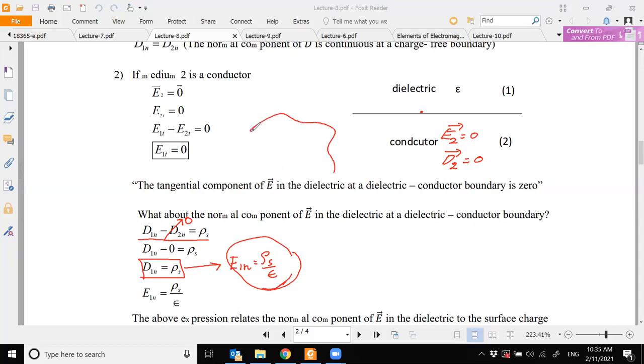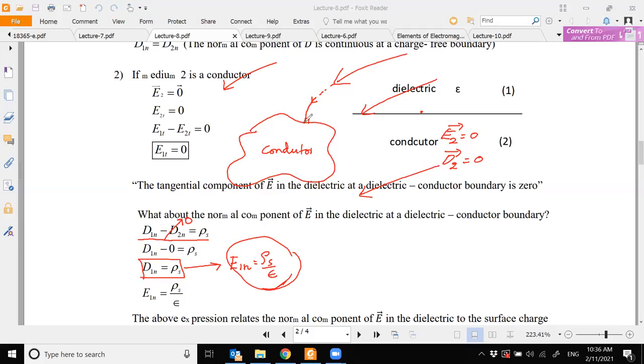So if this is, suppose, your conductor, and this is air, in air you have an electric field like this. But as this electric field approaches the conductor, because of the boundary condition, it becomes perpendicular. Why? Because the tangential component cannot exist. Only the normal component exists.